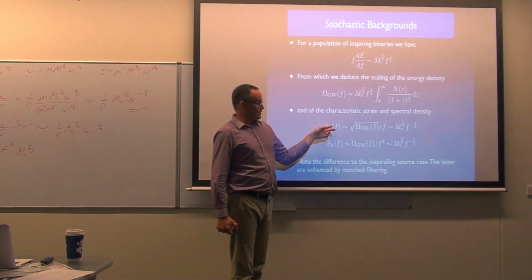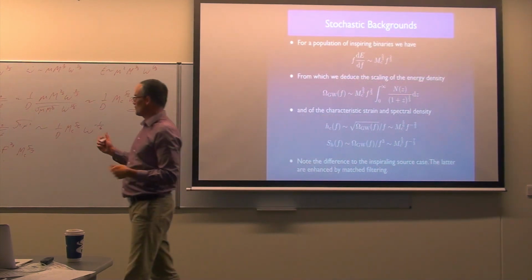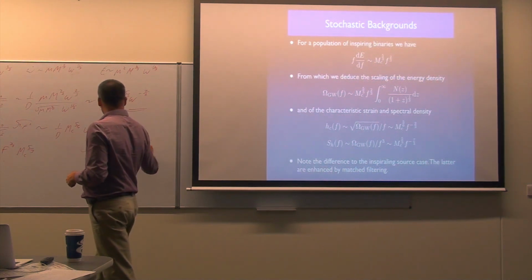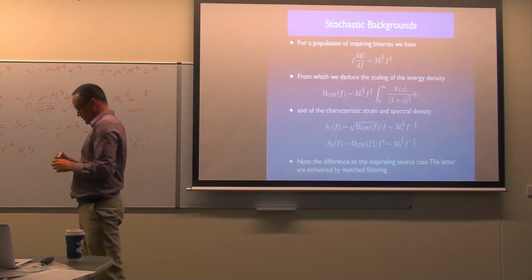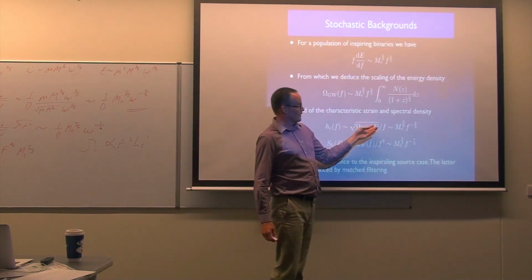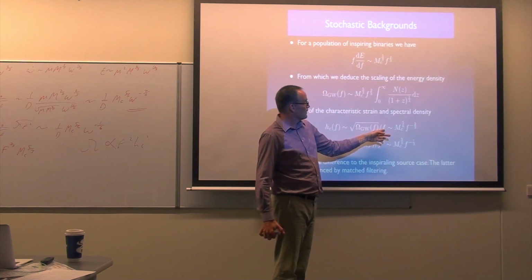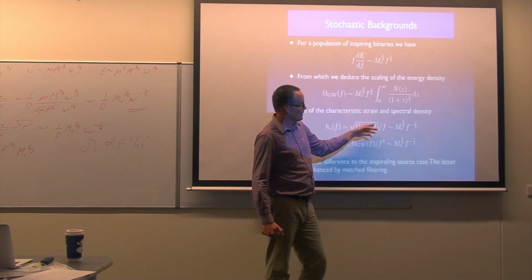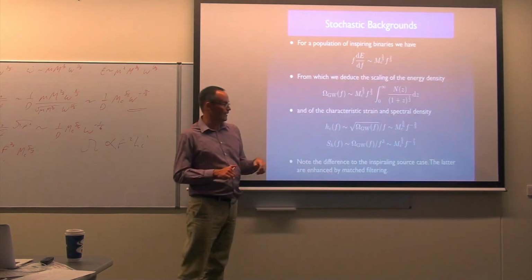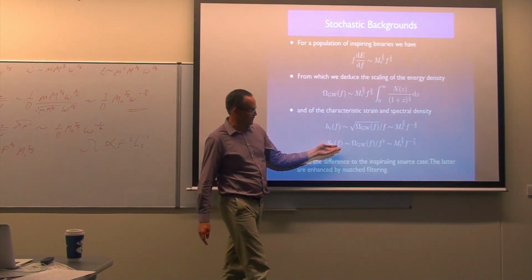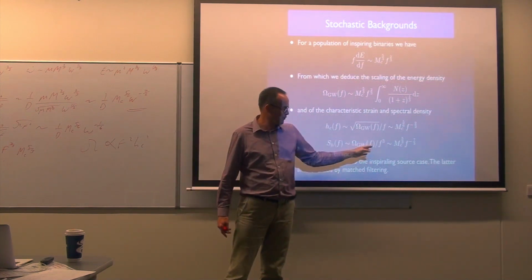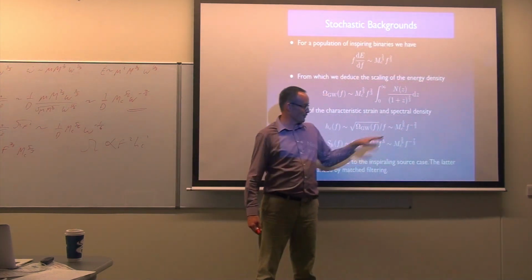Okay. Now the characteristic strain was related to omega by this expression: omega is proportional to f squared hc squared. And so hc goes like the square root of omega divided by f. And that gives you f to the minus 2 thirds. Okay. And then the spectral density of the background, which is omega over f cubed, gives you f to the minus 7 thirds.